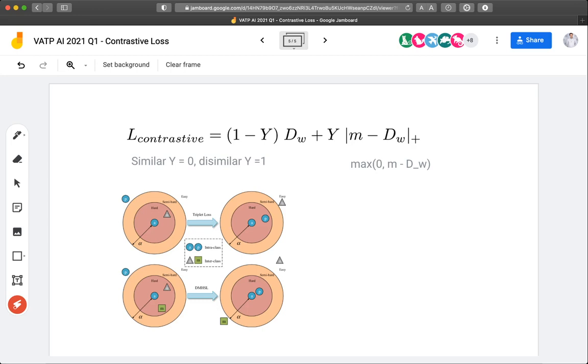The anchor sample is A, and A and P are the similar pairs, and then A and N are dissimilar pairs, and then there is the margin, which in this image is the red part. The orange part is an extra margin, but let's forget about that one.